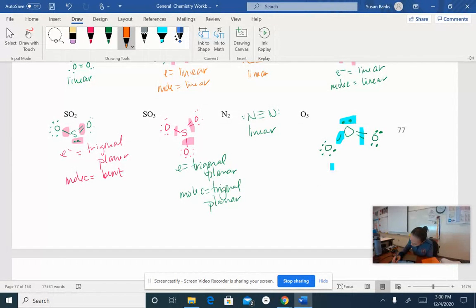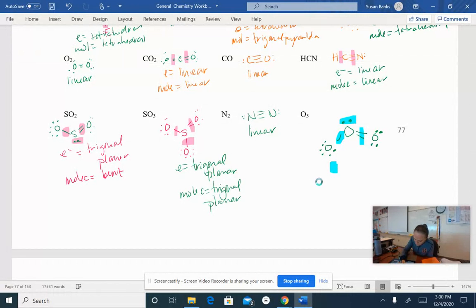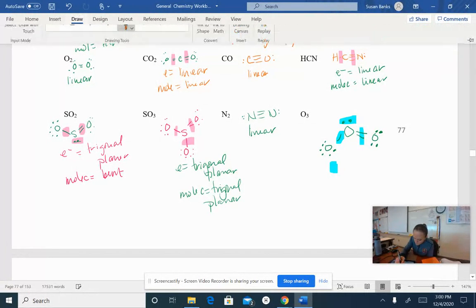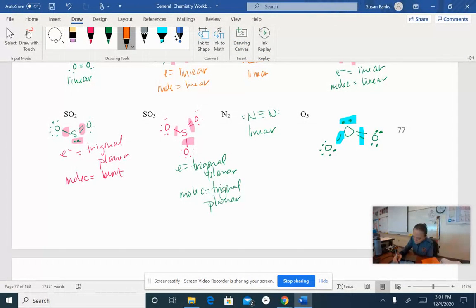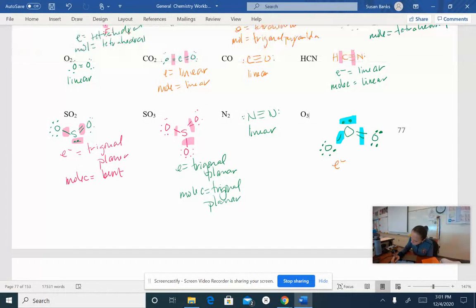So my electron geometry, why does it take so long to switch pens? My electron geometry is going to be trigonal planar, and my molecular geometry is going to be bent.